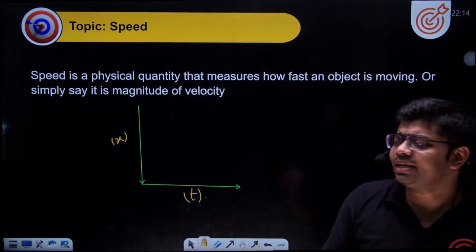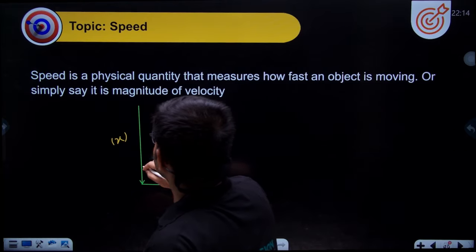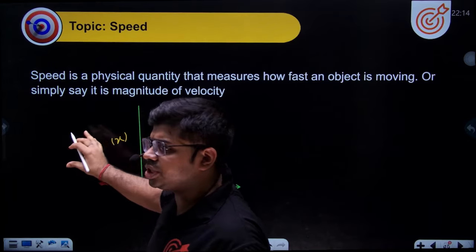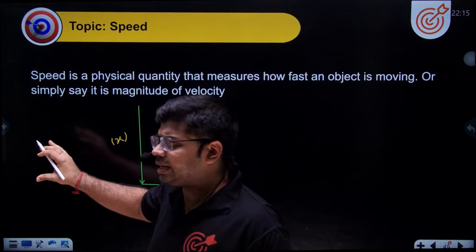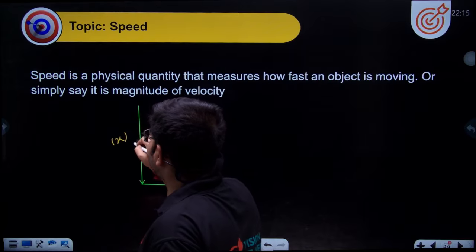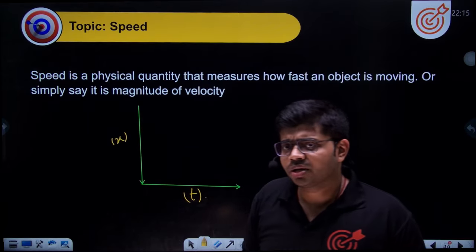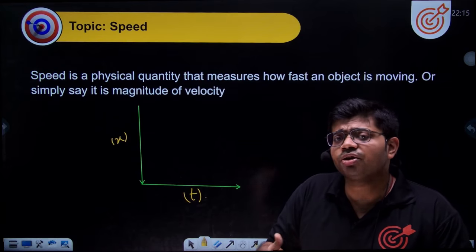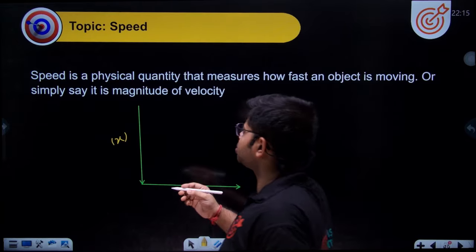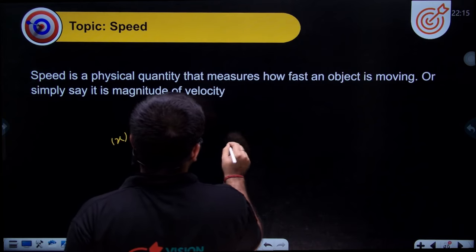So if I have a graph of x versus t, that is the position of the particle versus its time, speed is nothing but the slope of this. The rate of change of position, that we basically call speed.